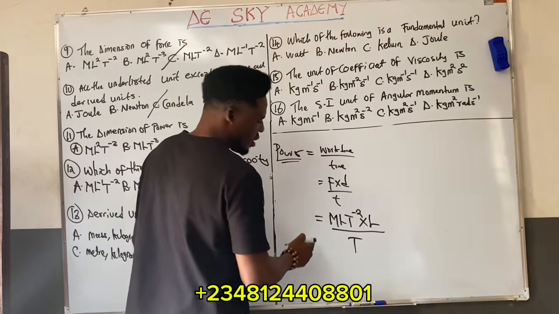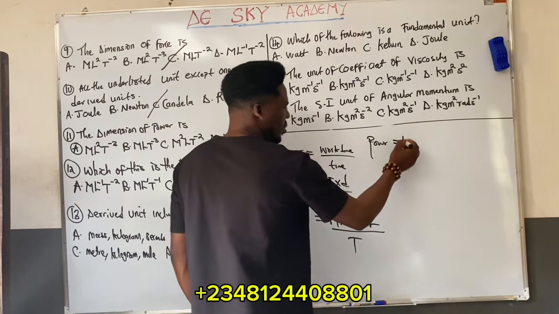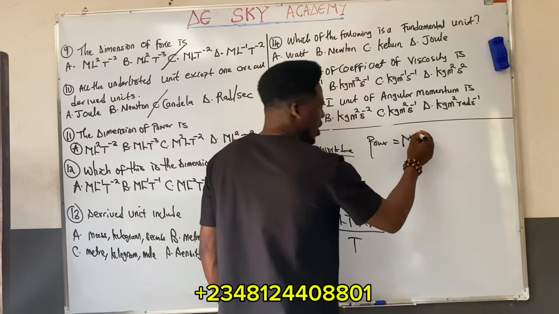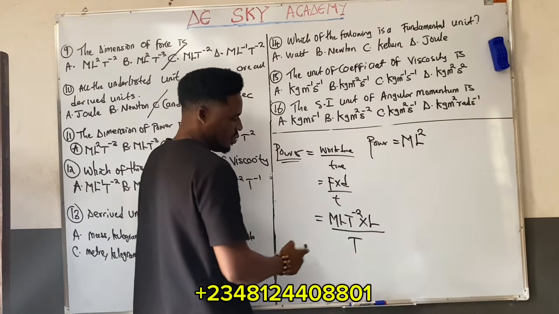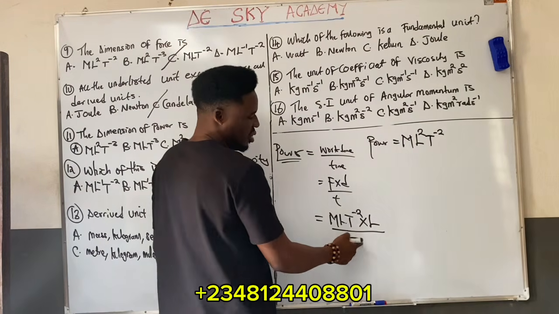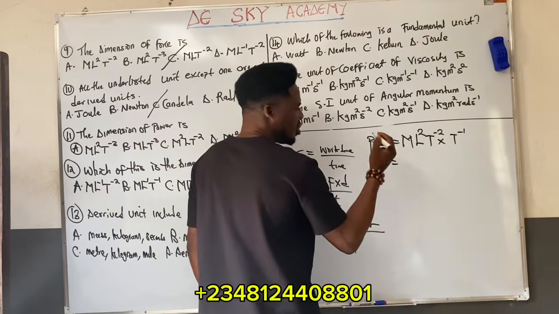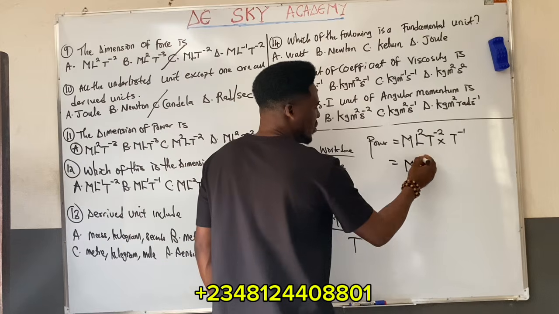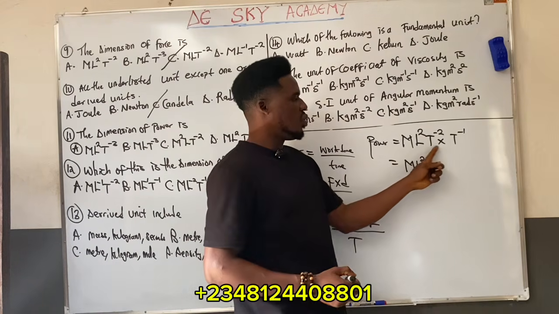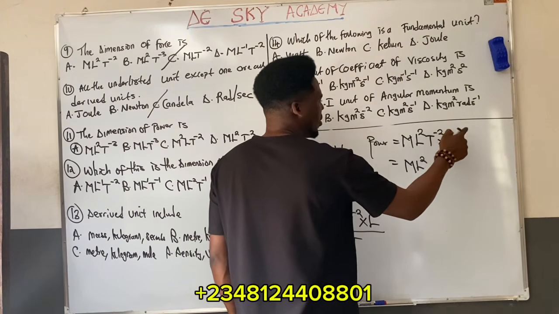So I will now have that the dimension of power will be M. L times L is L squared. So I will have T⁻², then this T going up will be times T⁻¹. So the dimension of power will be ML². Now obey the law of indices. Take one of the base and add the powers. So minus 2 plus minus 1.